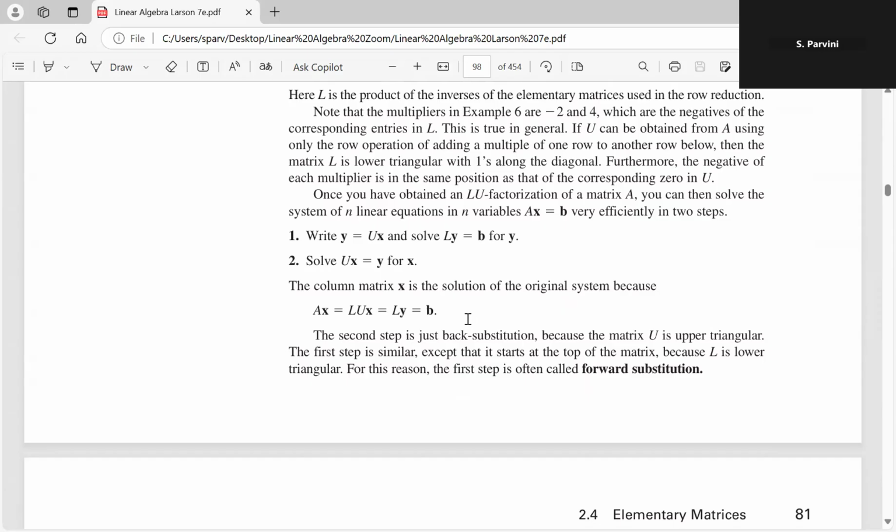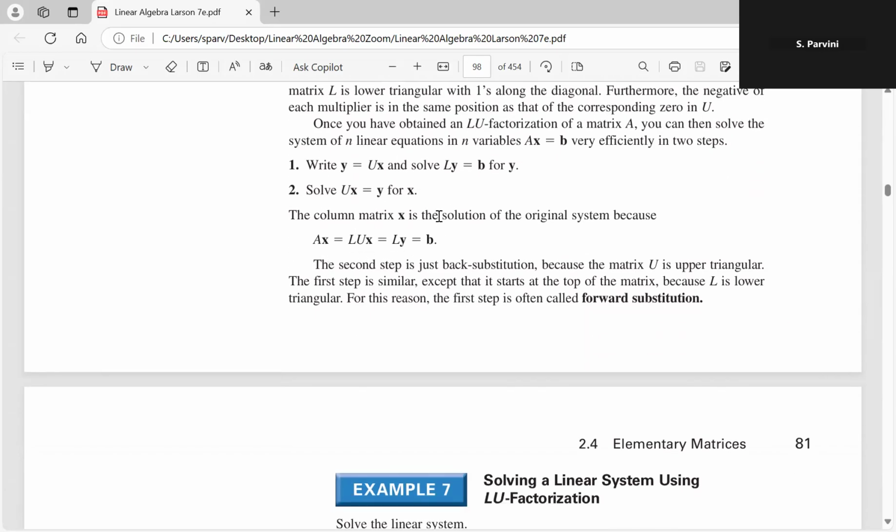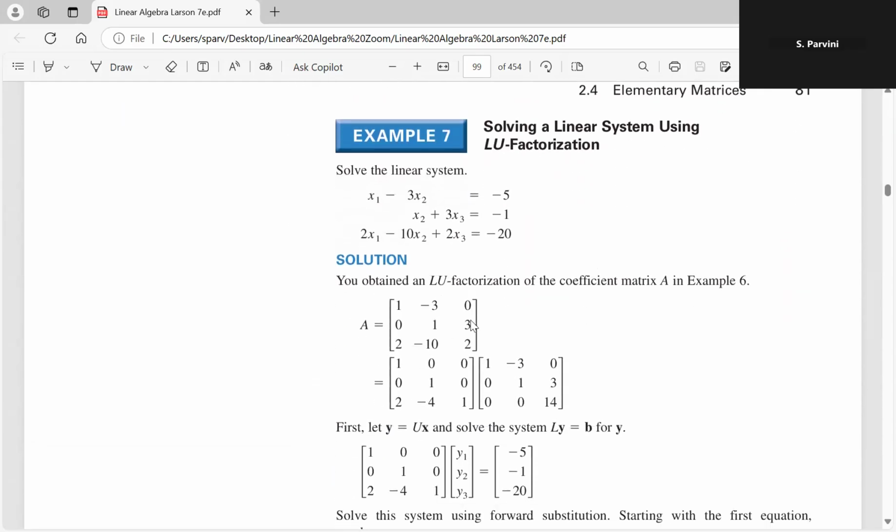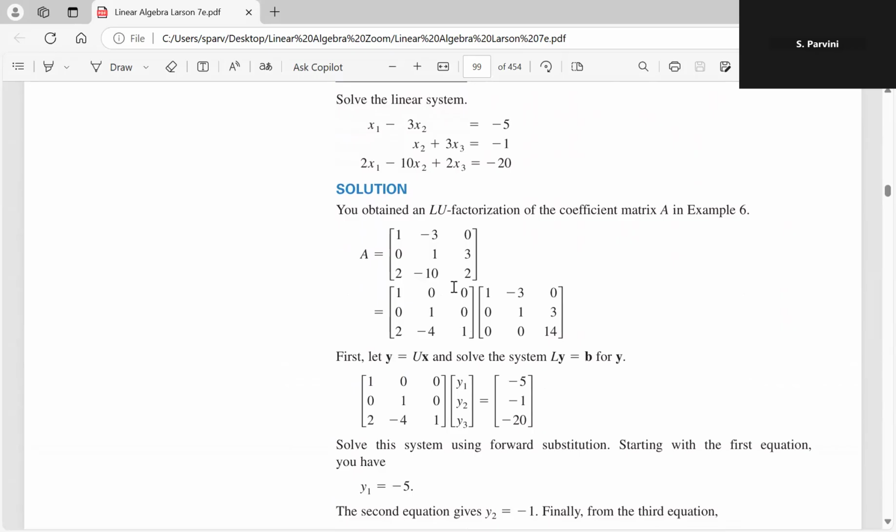Again, it seems like a tedious process. Here's an example of this LU factorization to solve, and then I'll explain why this is efficient versus the inverse matrix.